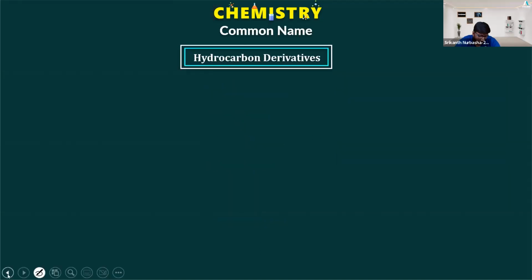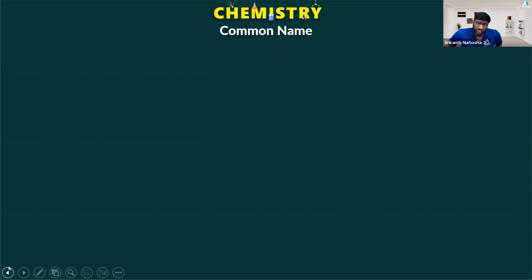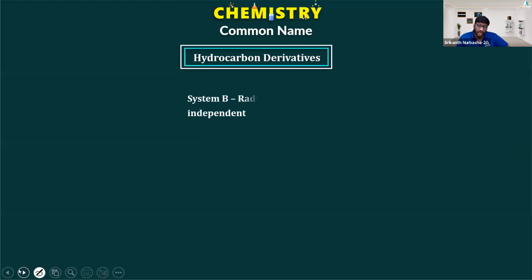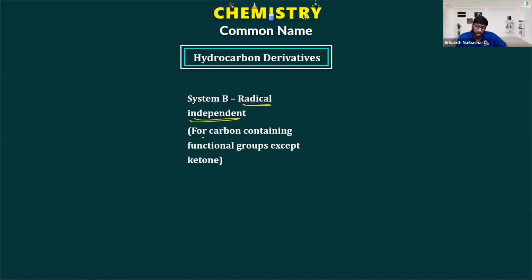So these are all the common names, students. So just radical plus suffix. Among hydrocarbon derivatives, there is a set of functional groups which are radical independent. How to name those? These are the carbon containing functional groups, except ketone, because although ketone contains C double bond O, it is radical dependent.